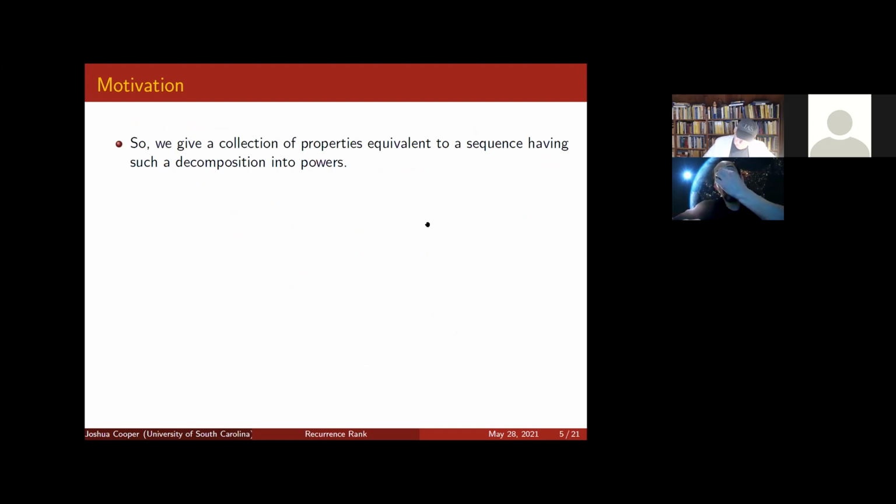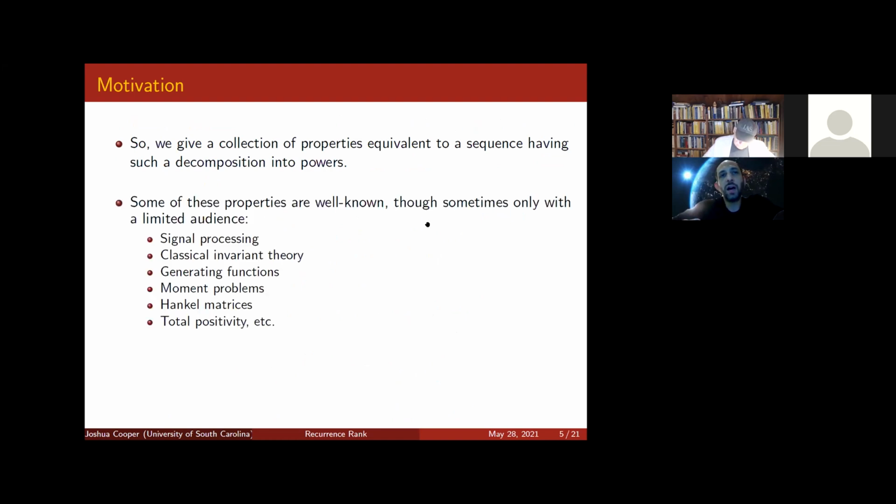All right, what we wanted to do in studying this is find some different angles to describe this decomposition into powers, the number of terms we need in the decomposition of powers, because that's the thing that'll tell us what the degree, the order of 0 is. And I'm going to list a whole bunch of properties in a minute.